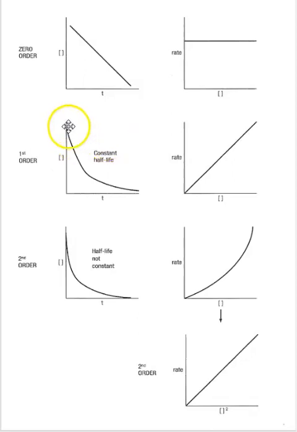So let's say that was a concentration of 1.28 moles per decimeter cubed. You would then, on your graph, find 0.64 moles per decimeter cubed, draw a line across and a line down. And the time taken for the concentration to fall from 1.28 to 0.64 can be deduced from the graph.